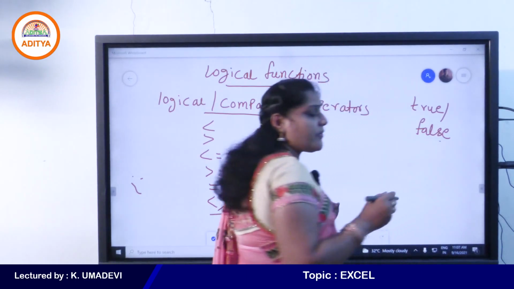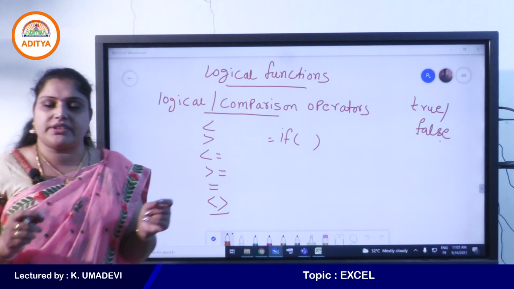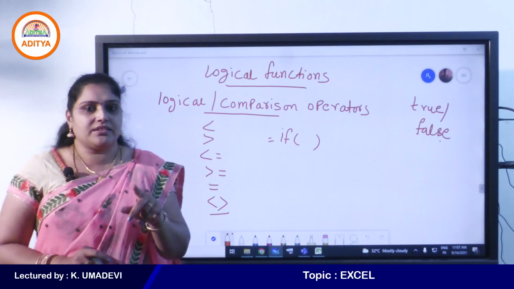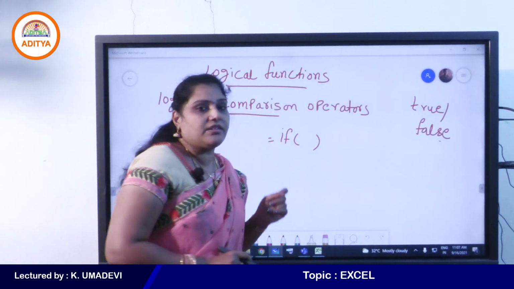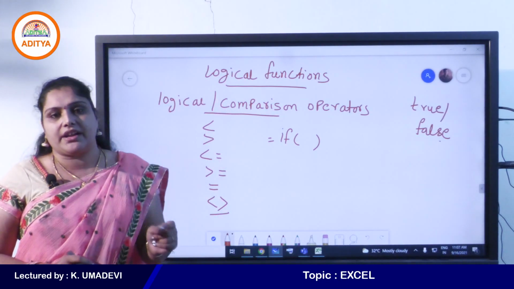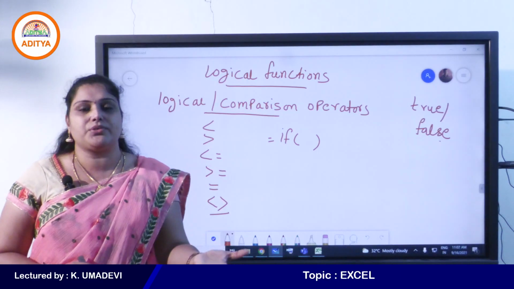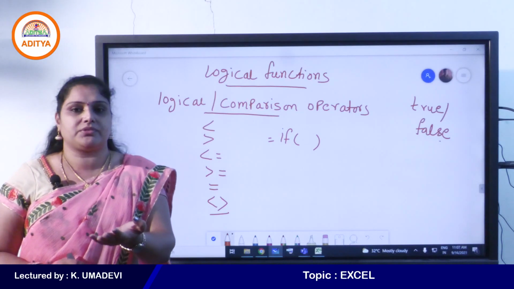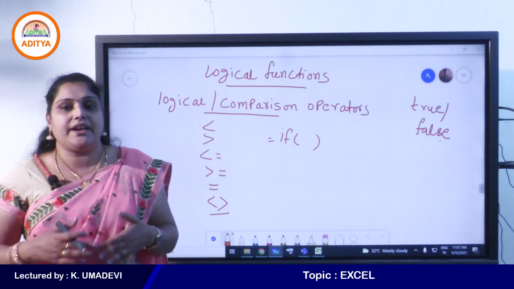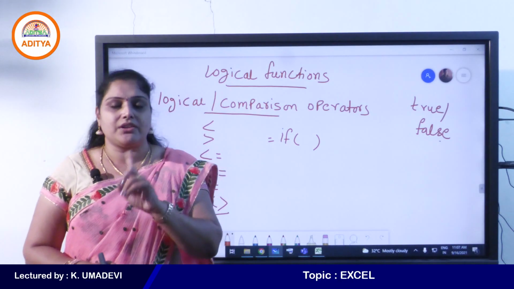But what is the use of the IF function? IF is only used to check one condition. If that condition is true, it returns the true value instead of the Boolean value true, and otherwise it returns a false value instead of the Boolean value false.